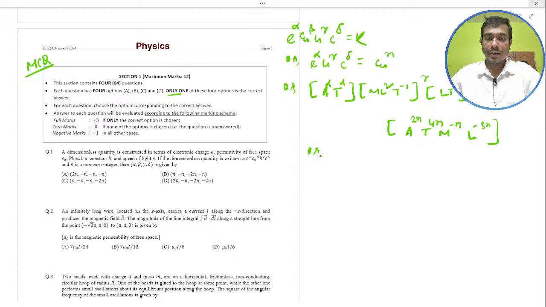You would get the value of the alpha twice n and the gamma minus n. So option A would be the correct. Twice n, minus n, minus n, minus n. Now check the option. Epsilon naught.